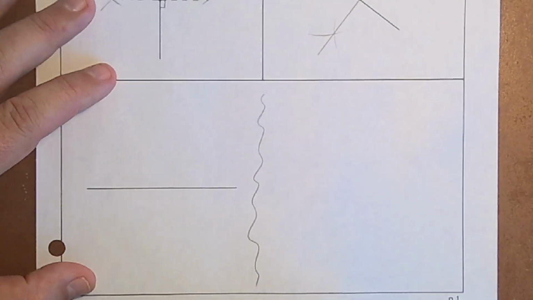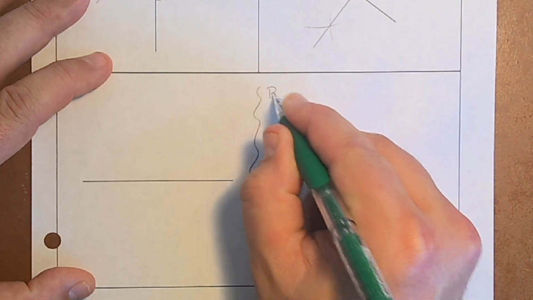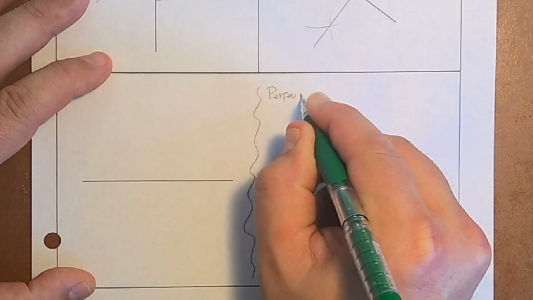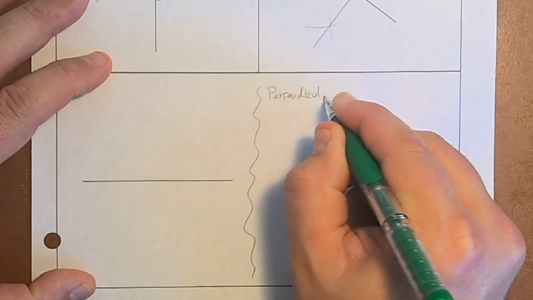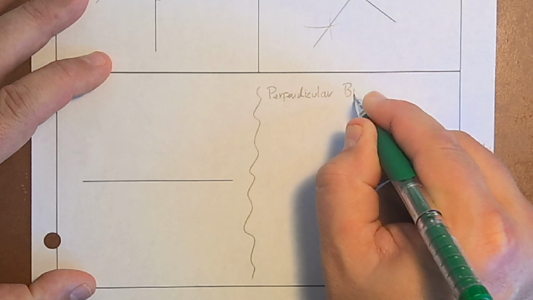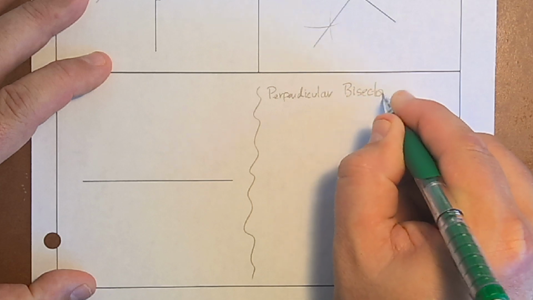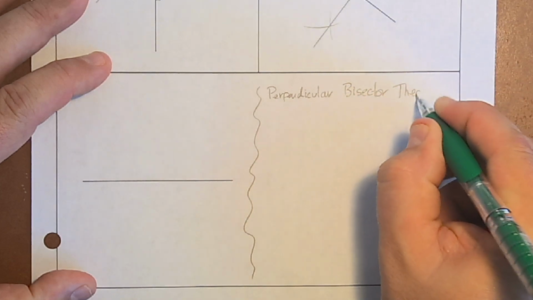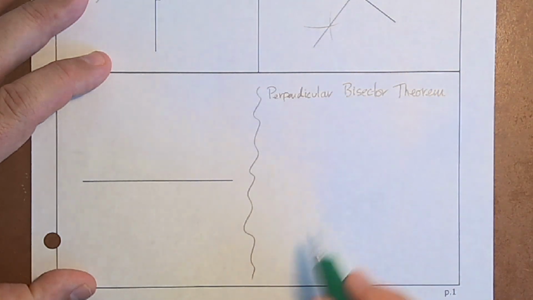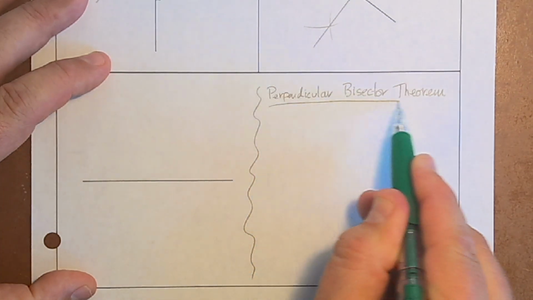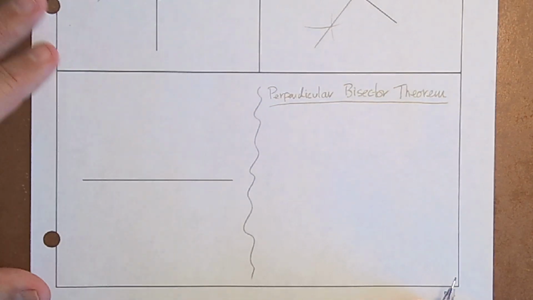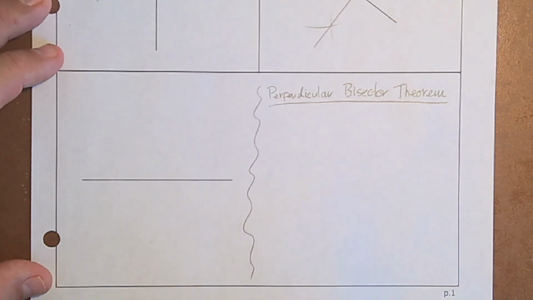Well, we have something called the perpendicular bisector theorem. Let's write this down. Perpendicular bisector theorem. Now, one of the things I'm a fan of in my teaching of math is connecting the idea of words or numbers or variables with a visual.